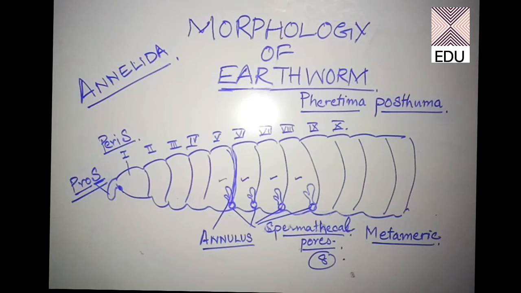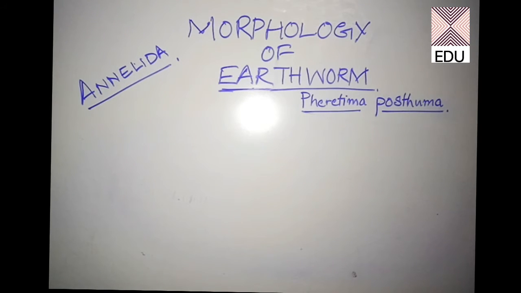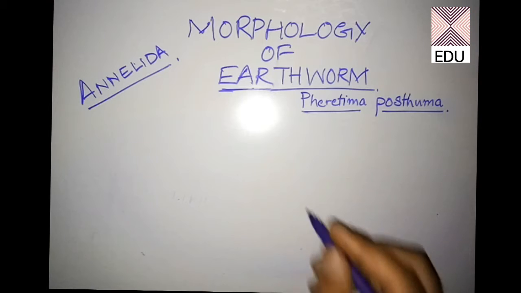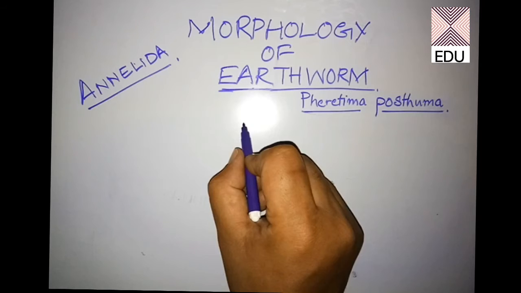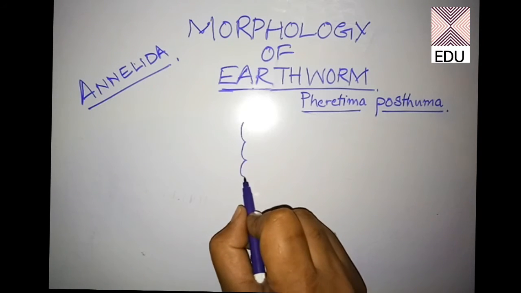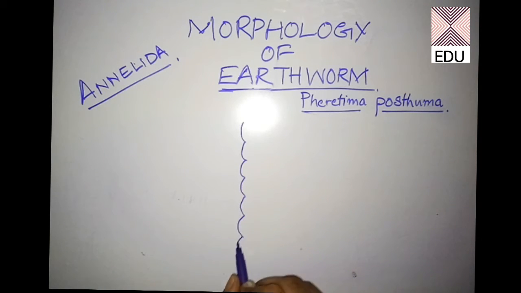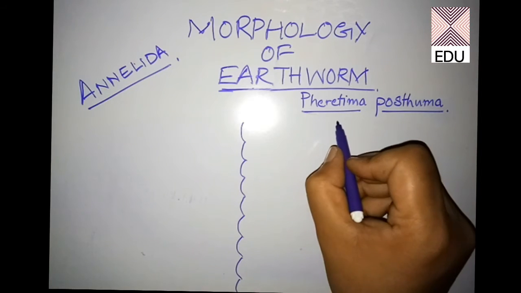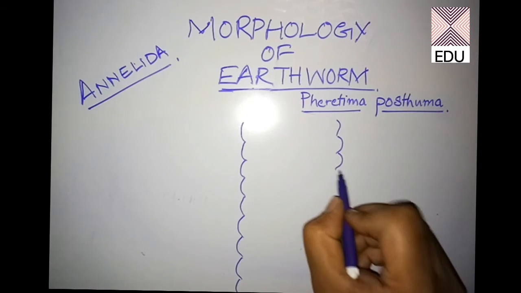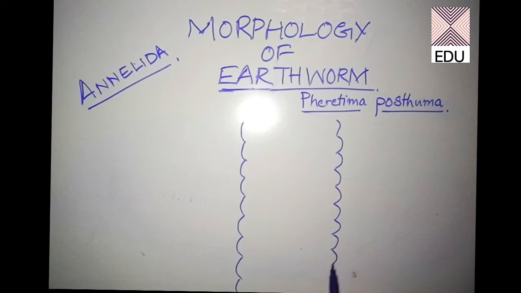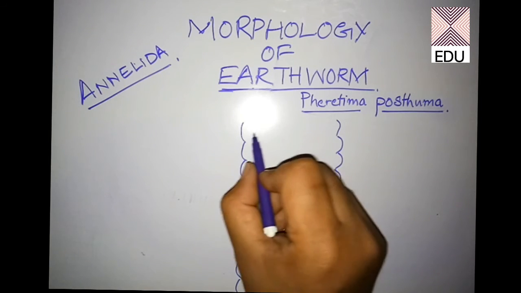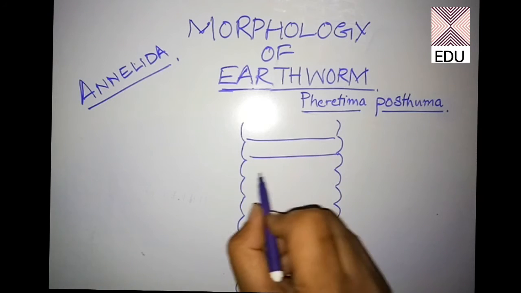Now we are taking the segments from the 10th onwards. For this I am drawing the earthworm again. Suppose these are the segments. Now I am making a dorsoventral view; this is the ventral view of the earthworm.